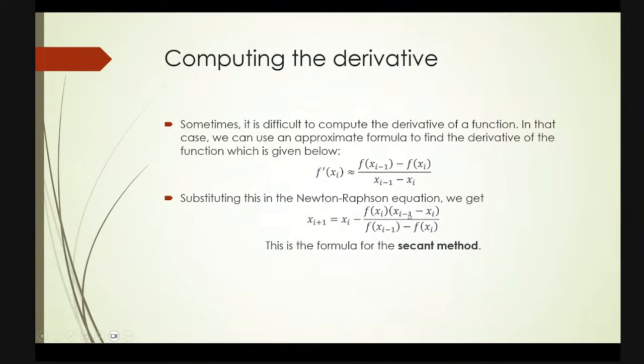This modified Newton-Raphson method is also known as the secant method. As you can observe here, this secant method requires two initial guesses, xi-1 and xi.